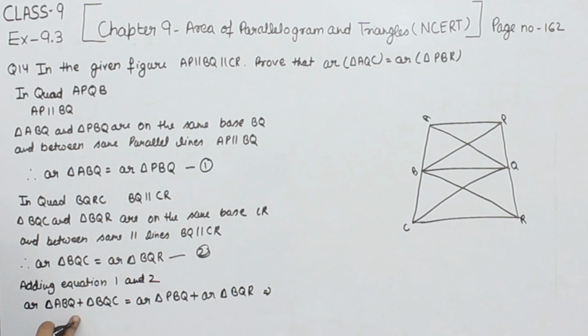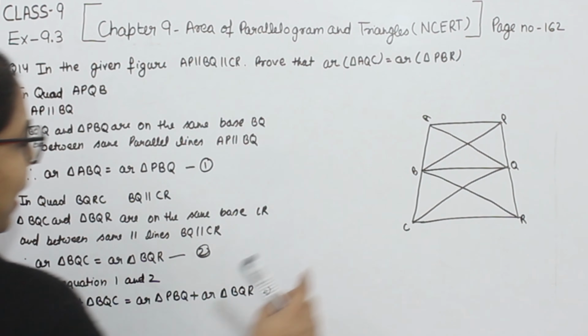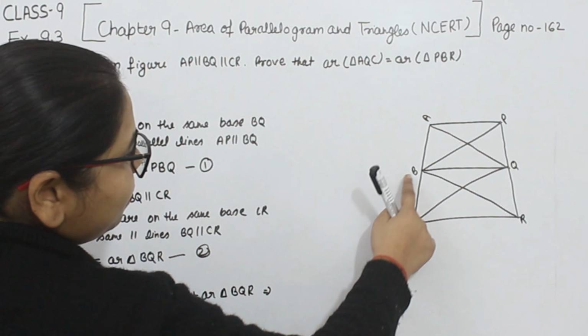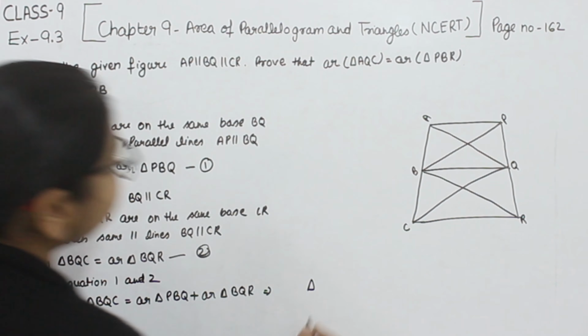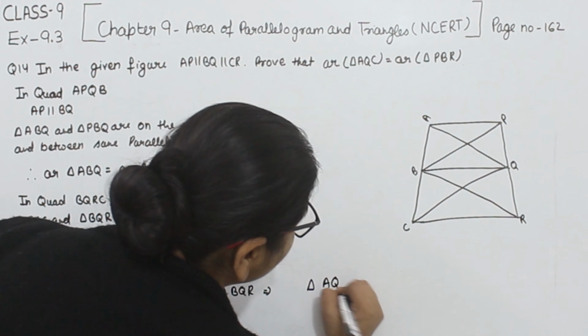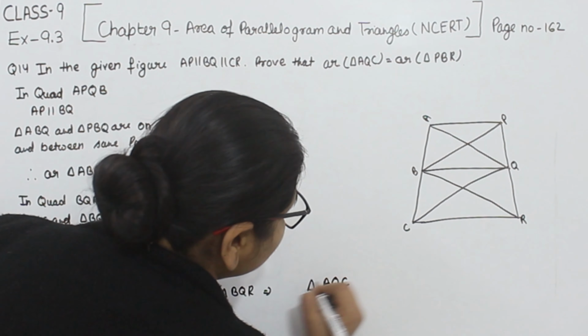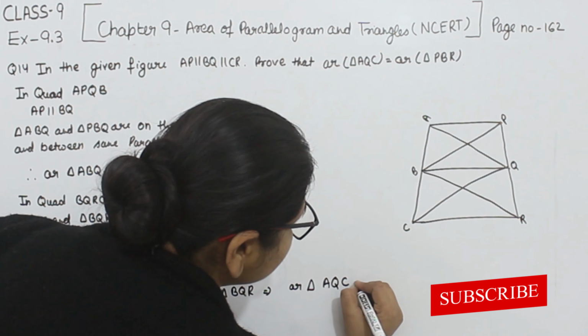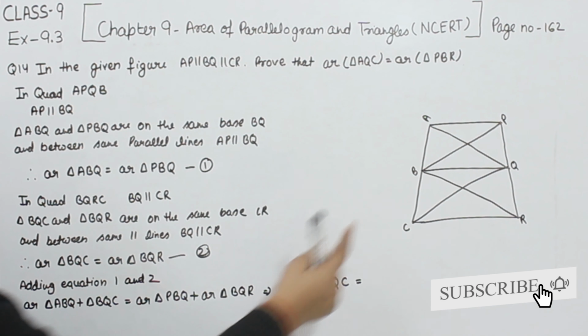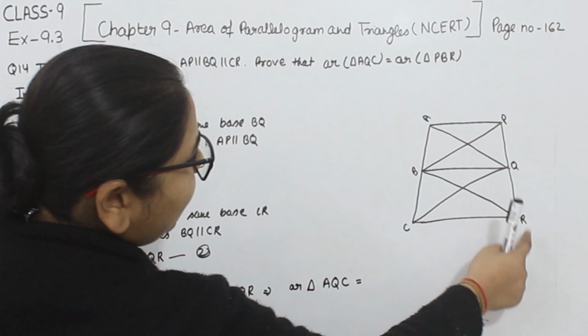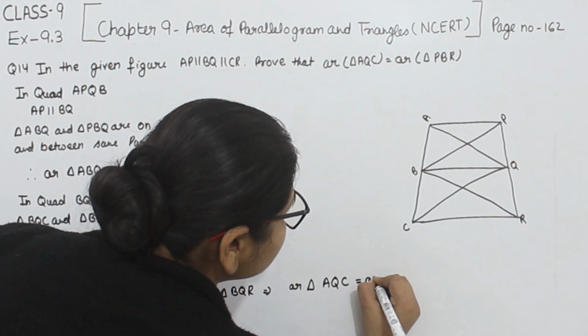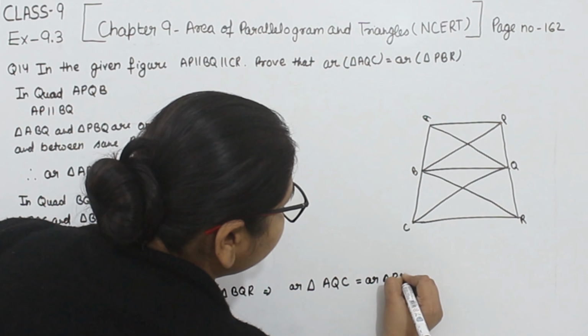Now ABQ plus BQC becomes triangle AQC. So the area of triangle AQC is equal to PBQ plus BQR, which is equal to the area of triangle PBR.